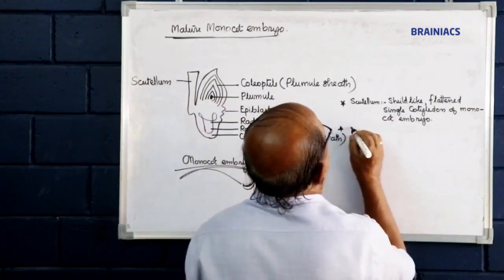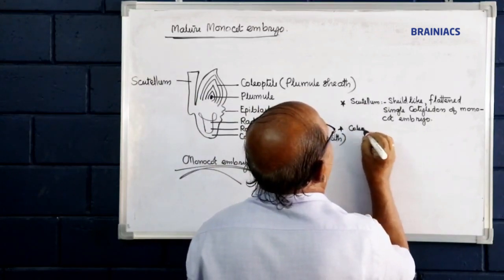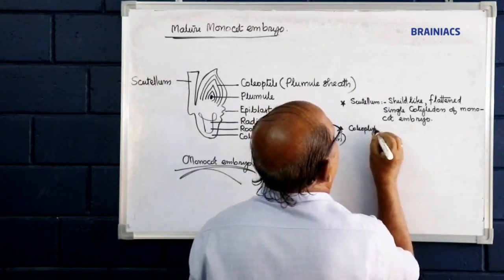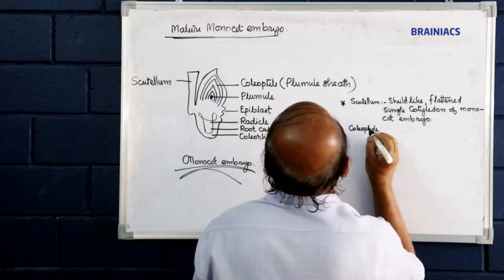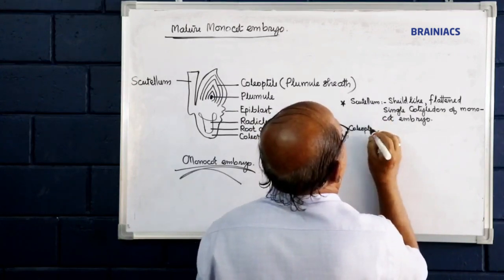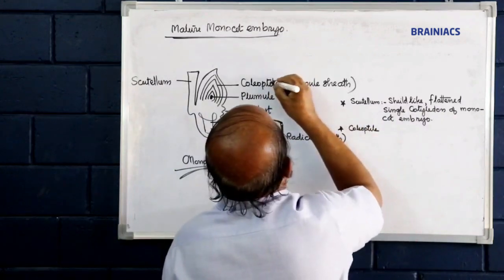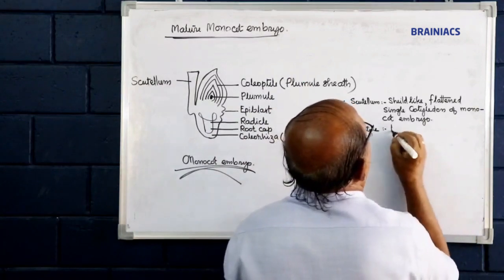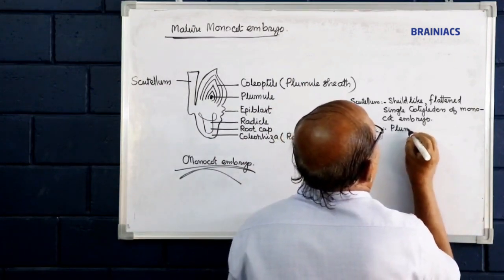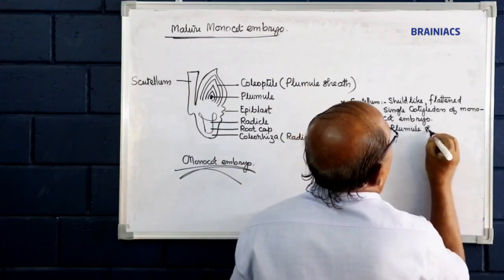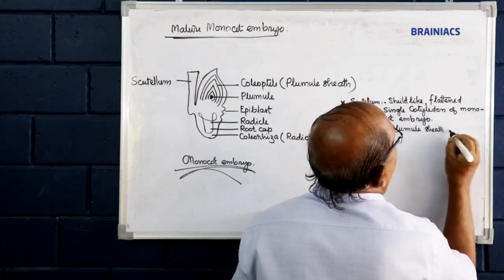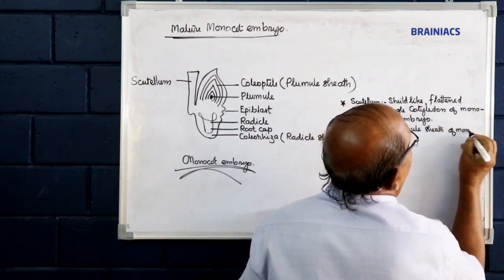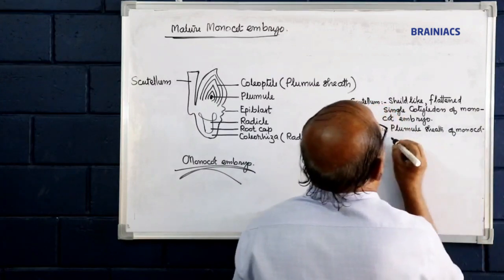Then coleoptile, the plumule sheath of the monocot embryo.